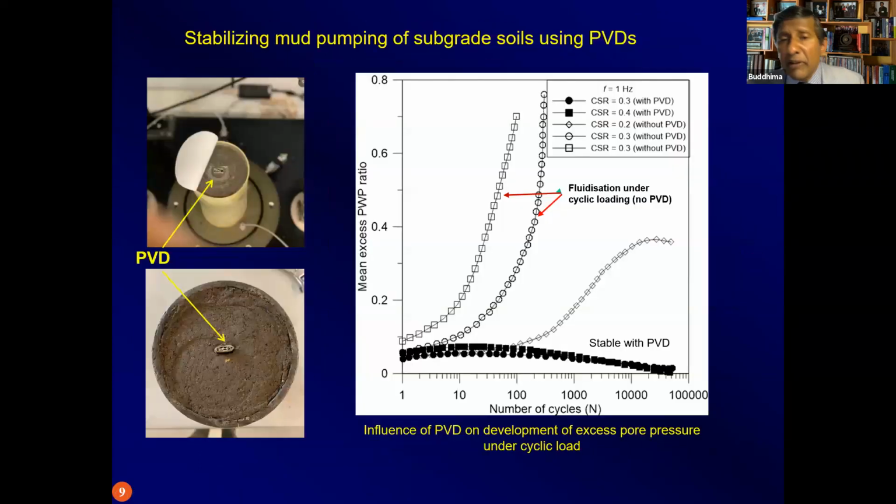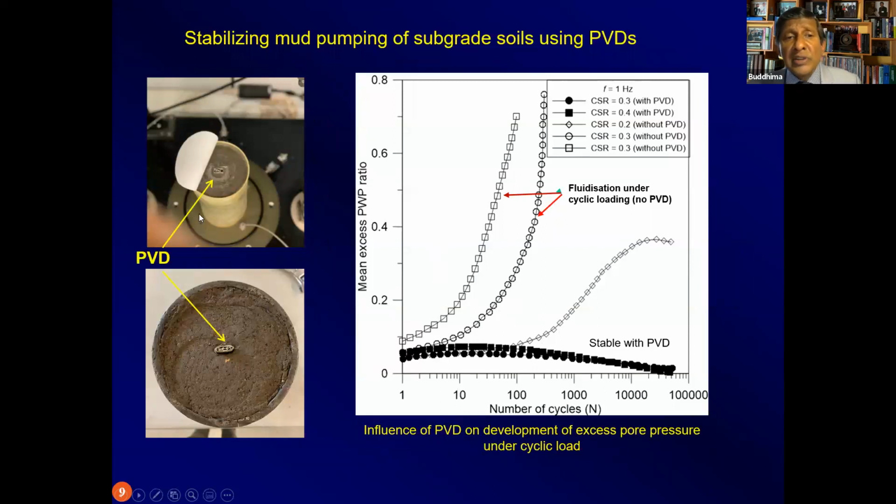Now, how do we prevent this mud pumping phenomenon, which can be catastrophic in the event that a train derails? Just imagine a passenger train suddenly going on a track like this, and suddenly you're going on a sponge and the train derails because there is no bearing capacity on the track.